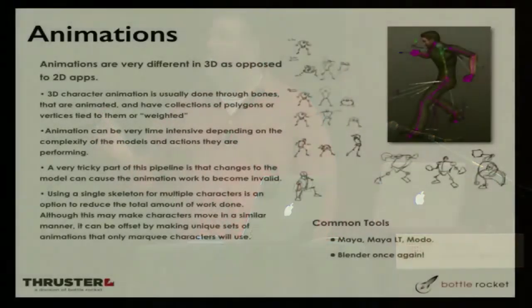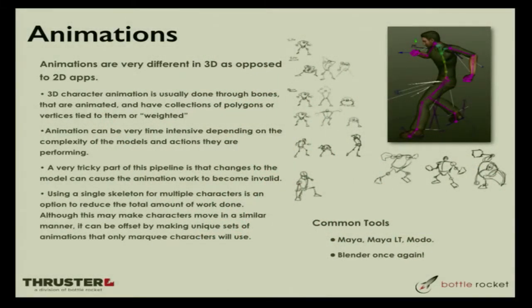So the next thing with 3D games to take into account is that animations are very different in 3D as opposed to 2D. Different angles, it looks different. 3D character animation is usually done through bones, and the bones are animated and have a collection of polygons or vertices tied to them that are weighted.